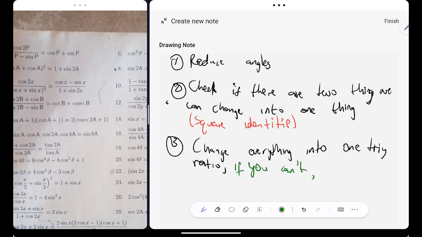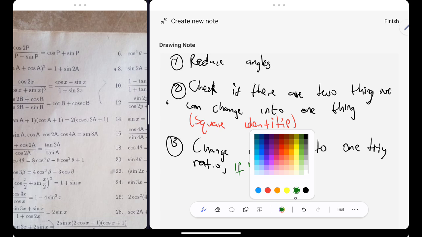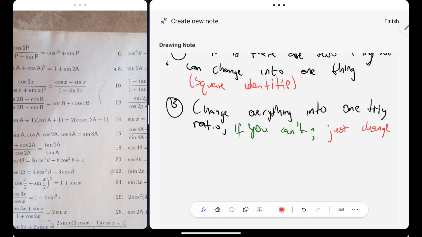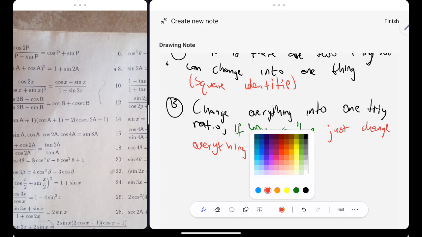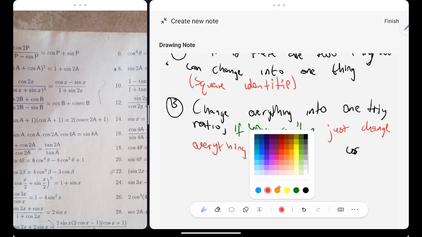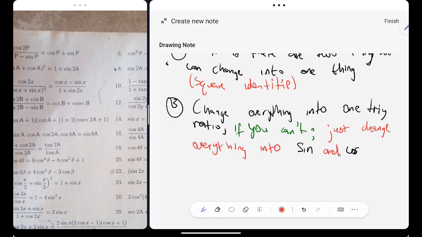If you can't do that, just change into sine and cos. Just change everything to sine and cos, ne? Okay.